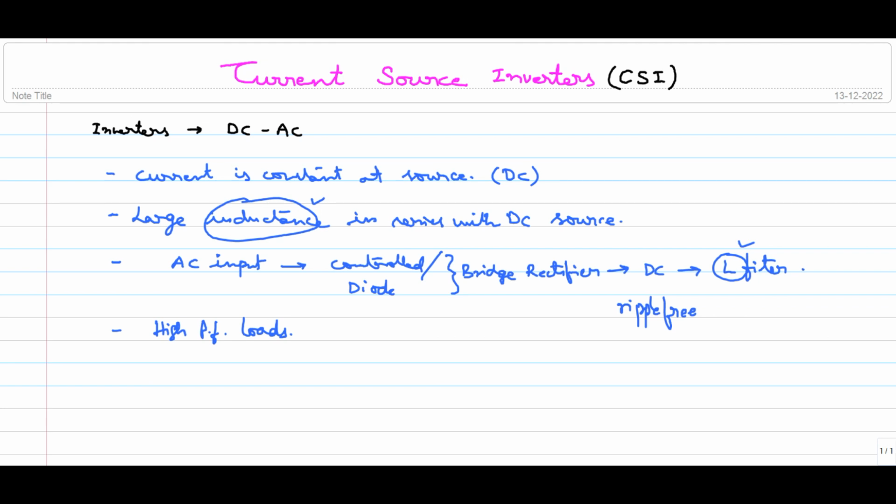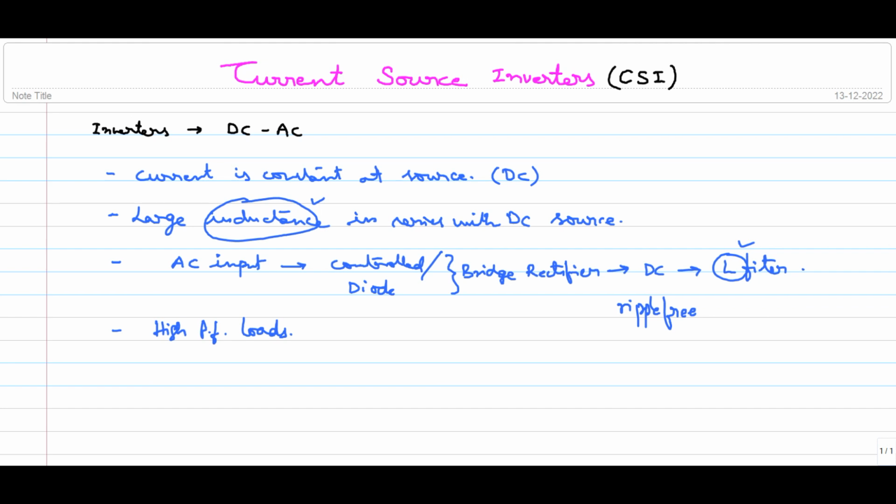So we are unable to work with very high power factor loads if we use voltage source inverters. But with current source inverters, we can go ahead with very high power factor loads because the current is almost constant. This is the basic idea and main advantage of current source inverters. Now let's move on to the applications.